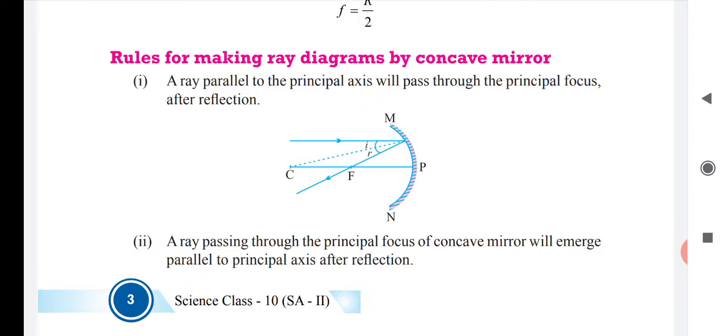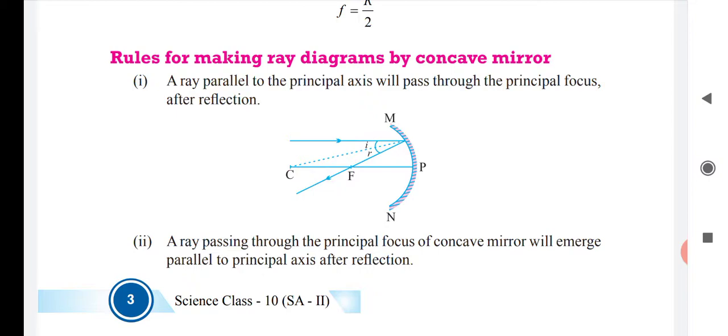A light ray parallel to the principal axis. You know the principal axis, that is the line joining the center of curvature and the pole. The line which is passing through the pole, we call it the principal axis. A ray parallel to the principal axis, that means you can see one ray above the principal axis falling parallel to it.